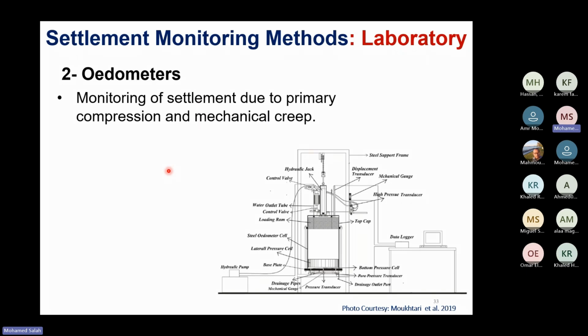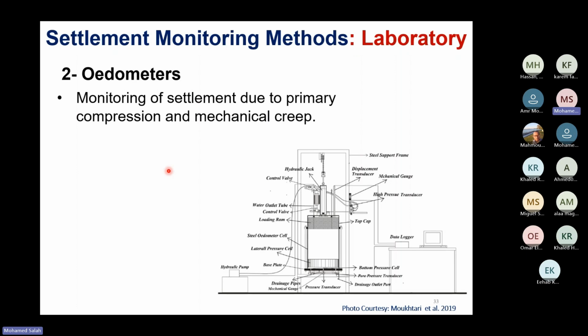So someone may ask, if you are going to neglect one of the waste components, why are you using this technique? Because it's very useful to determine the values of C sub C and C sub alpha for the waste settlement. As we will see later, a lot of the waste settlement models just deal with the waste as similar to soil.